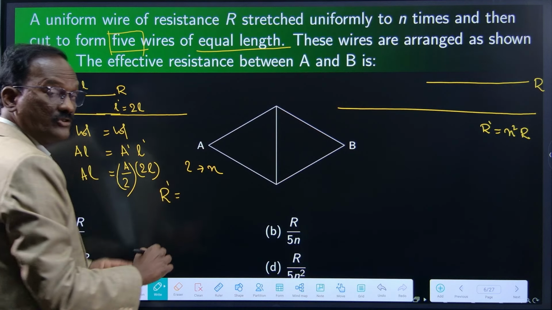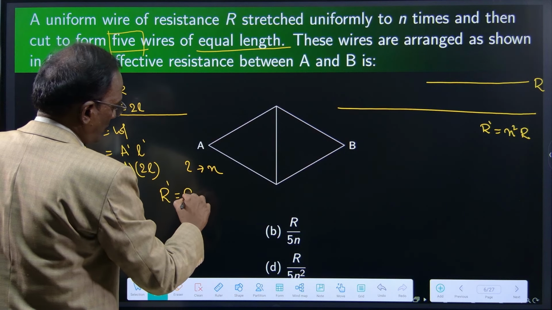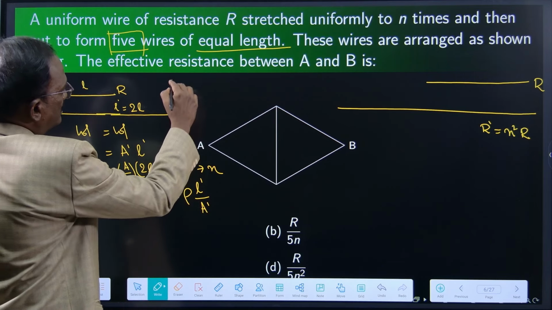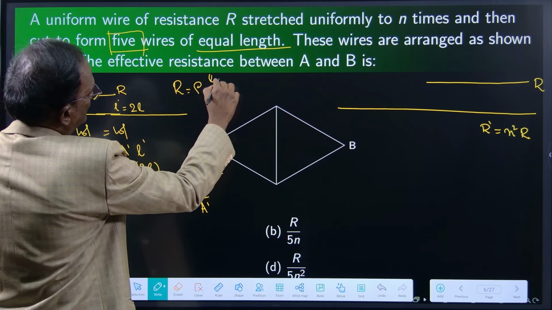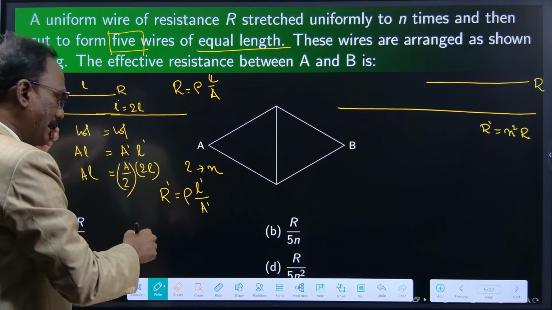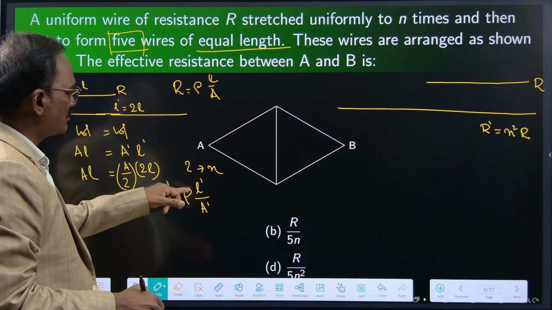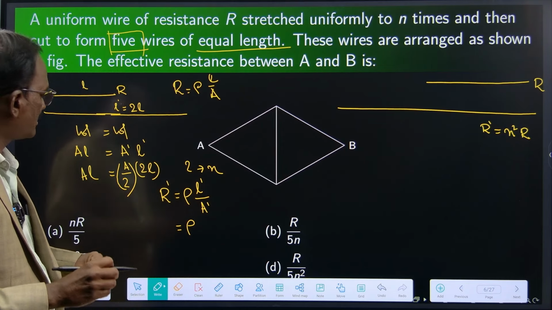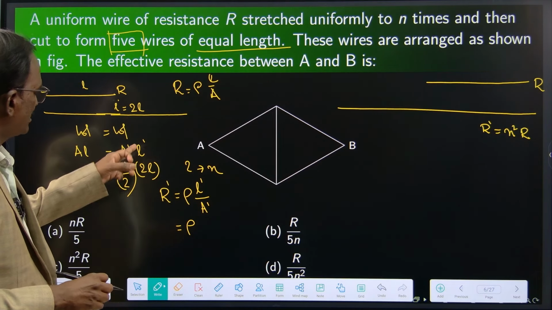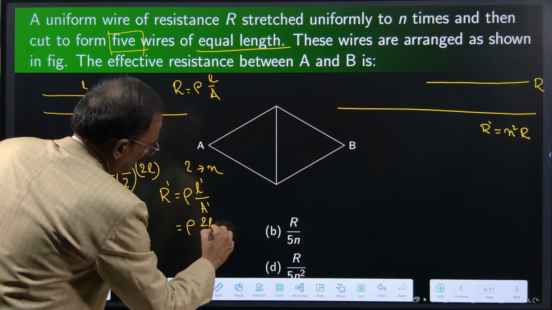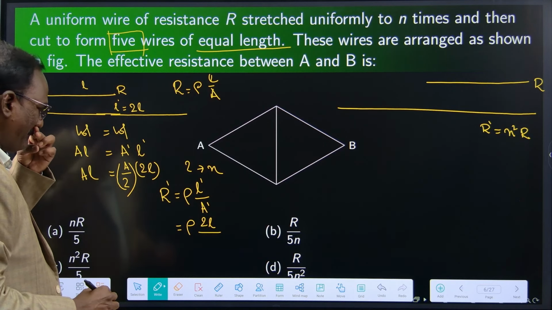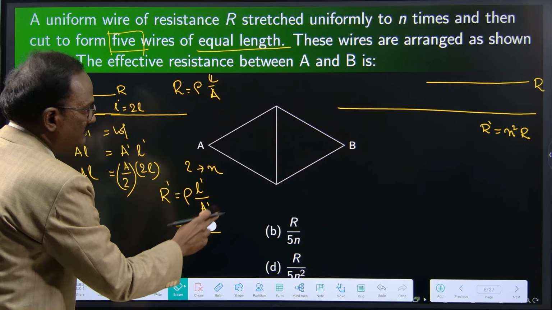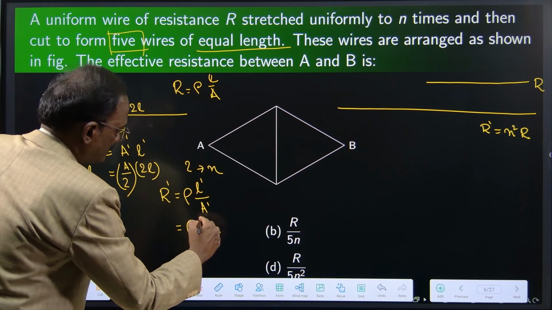R dash is equal to new value I am finding, rho L dash by A dash. Old value is R is equal to rho L by A. This is old value. New value is R dash is equal to rho L dash by A dash. Rho is same because same wire, we have not changed the wire. L dash is equal to 2L. Then instead of 2L, let me write n into L, because we need in terms of n.